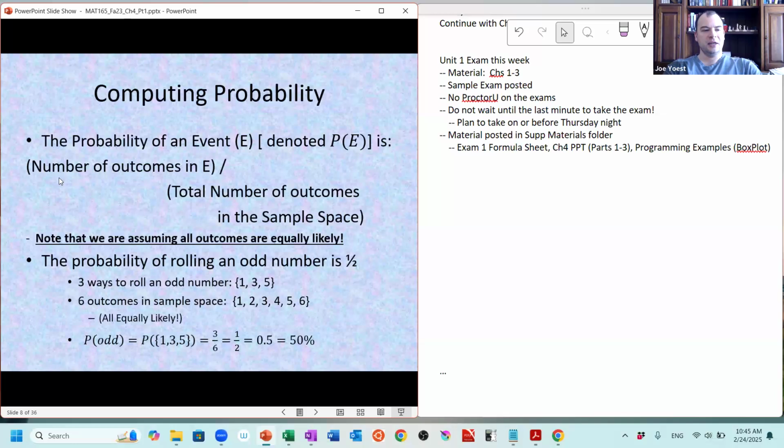Well, it's simply the number of outcomes in the event divided by the number of outcomes in the sample space. So again, an example down here just showing the probability of rolling an odd number is 1/2. There are 3 ways to roll an odd number on a standard die: 1, 3, and 5. So 3 outcomes in that event, 6 outcomes in the sample space, 1, 2, 3, 4, 5, 6, all equally likely. So the probability of an odd number, or the probability that we are in the event 1, 3, 5, is 3 out of 6, 1/2 or 50%.